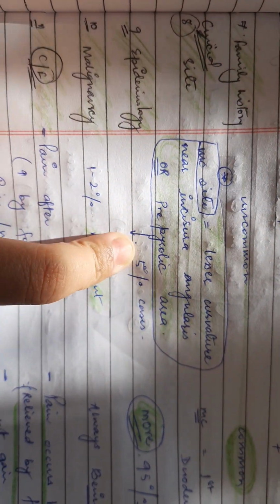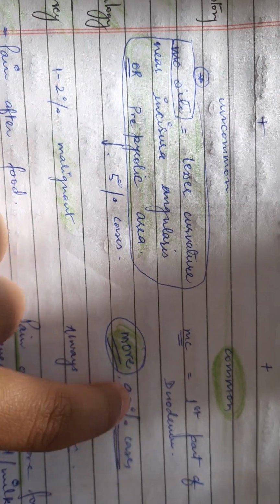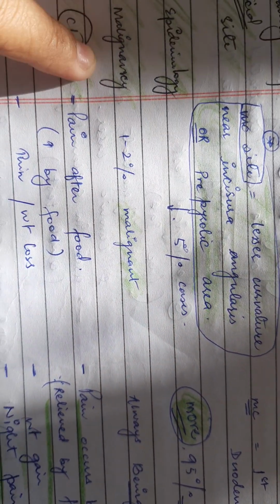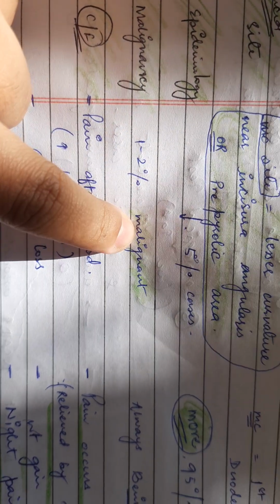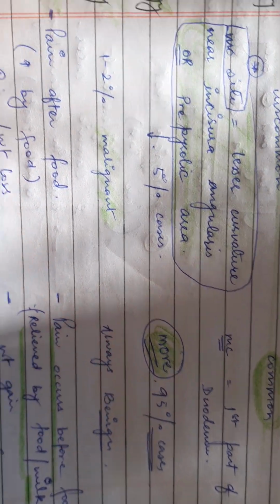In duodenal ulcer, the most common site is the first part of the duodenum. Then epidemiology: gastric ulcer is less than 5% of cases, while duodenal ulcers are more common. Malignancy is 1 to 2% in gastric ulcer, and duodenal ulcer is always benign.